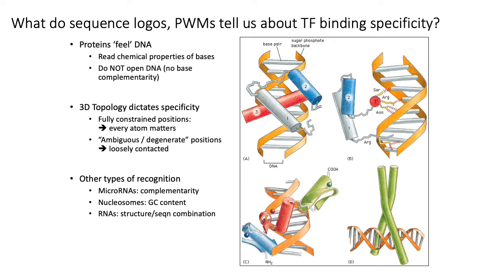And so the sequence specificity of a transcription factor is dictated by how it interacts with both the individual bases that are present at its binding site, as well as the interactions of the TF with the backbone of the DNA as well.